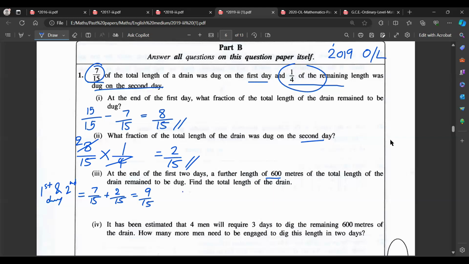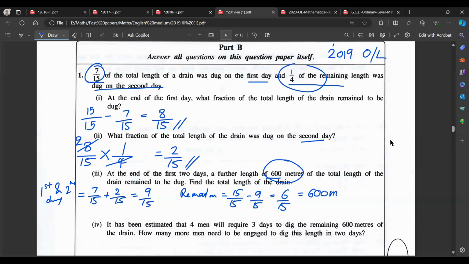So what is the remaining after that? If they are considered 15 parts, 9 parts are dug. So remaining 6 over 15. The remaining 6 over 15 is equal to 600 meters.